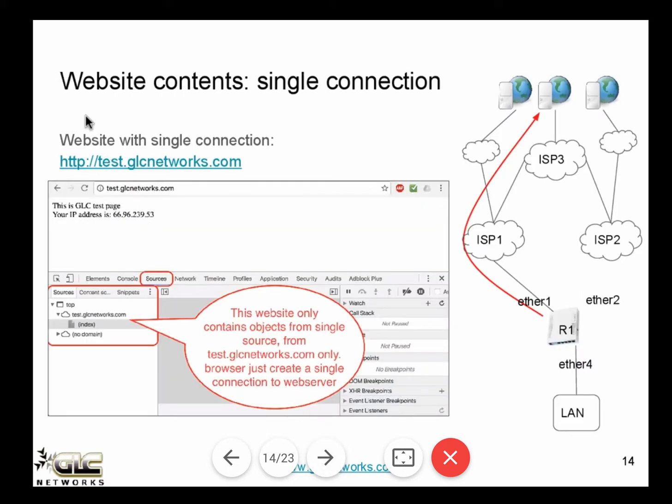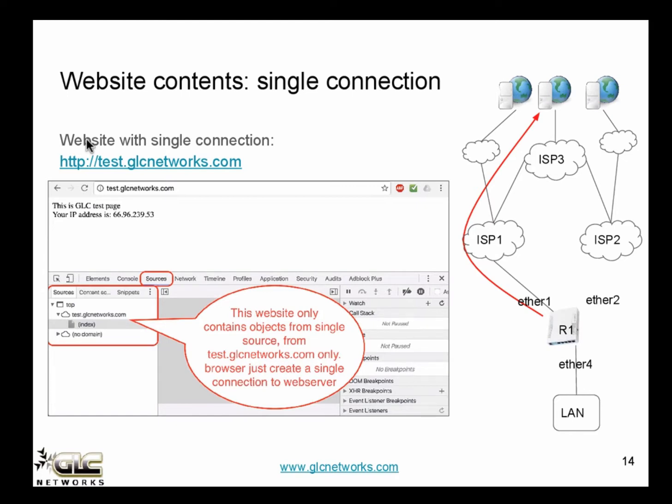About the connection itself, this is just a reminder of how the connection works. What is a connection? A connection is an identification of communication. Usually it's identified between a source and destination IP address, so it's a pair of IP addresses.